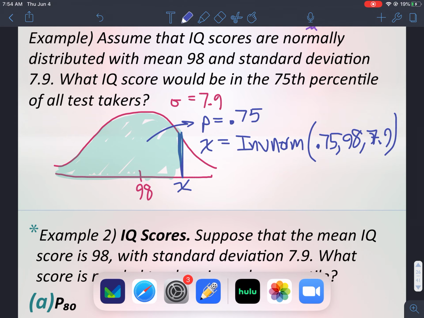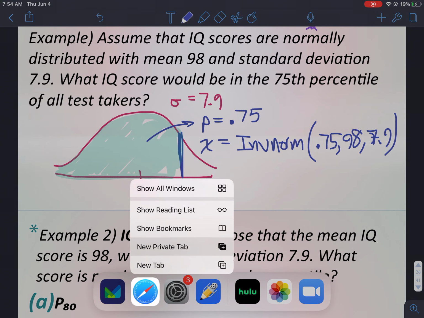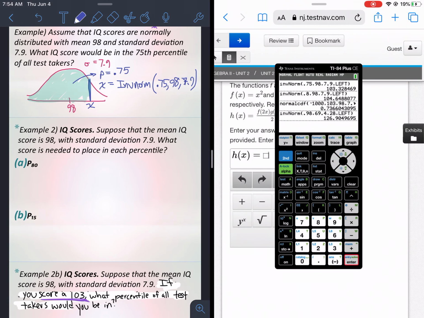Now I am going to pull up a graphing calculator or some other technology, and I'm going to press second, distributions, inverse normal of 0.75, comma, mean, comma, standard deviation.